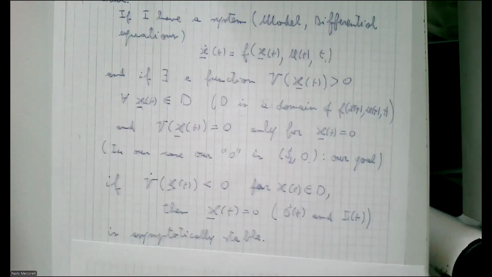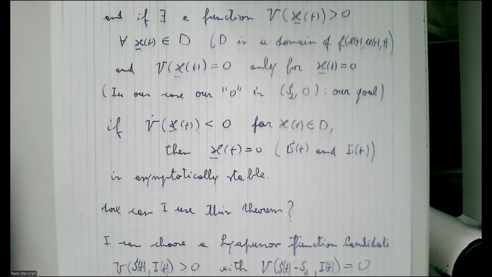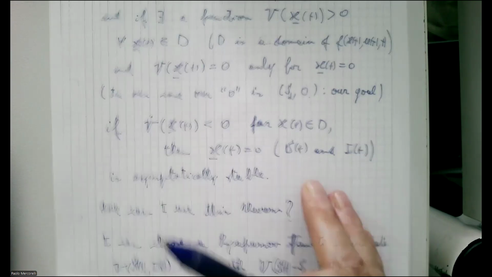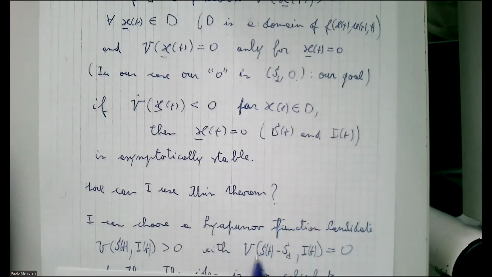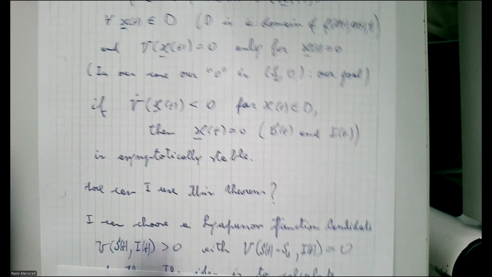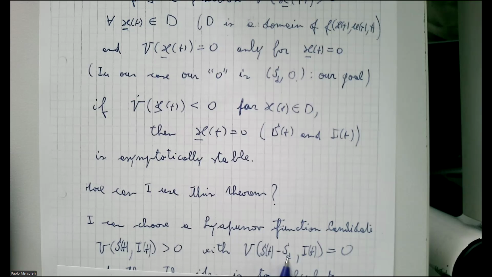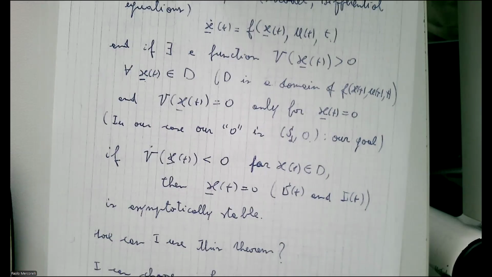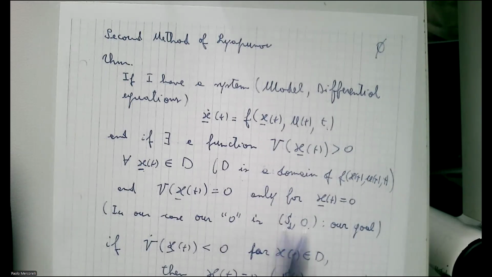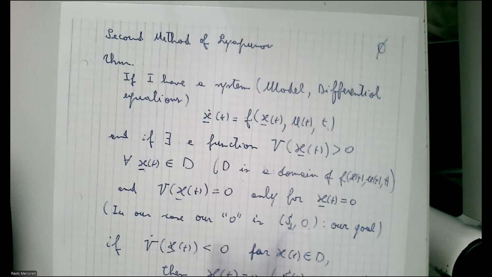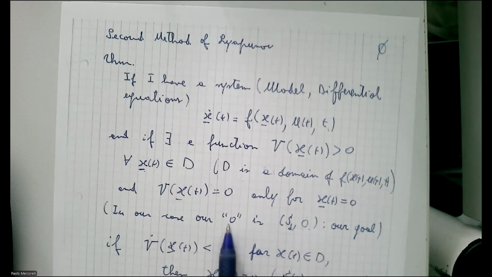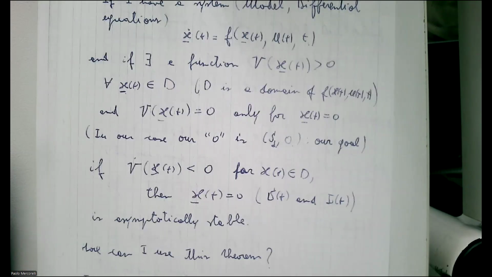Probably I will tell you again more effectively later, because in a particular application we can see that this function here is positive and it's zero for s(t) equal s_d, as I told you here before. This is the equilibrium point which we want to consider as our zero, our goal.